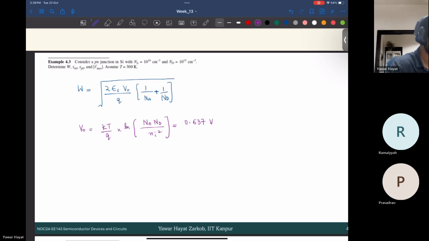Now, why were we computing this built-in potential? Because we're interested in finding the depletion width, right? And now that we know V naught, can you tell me what is the value of this?